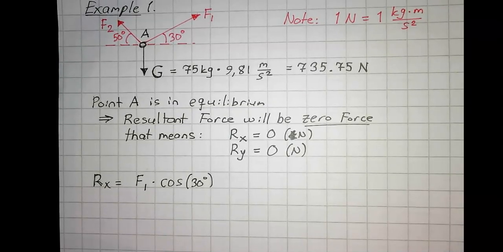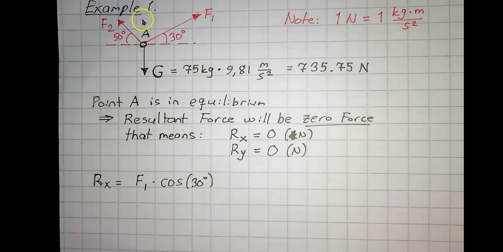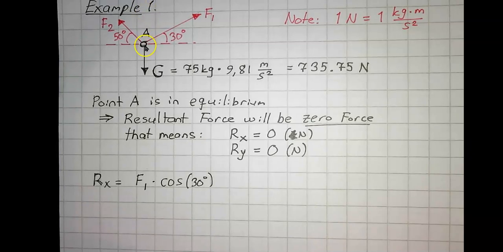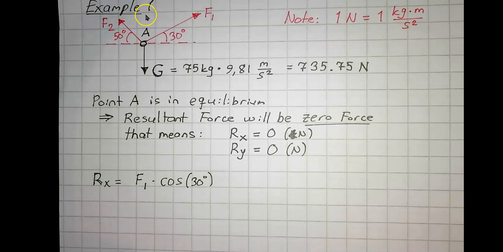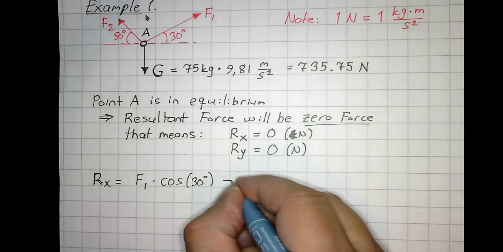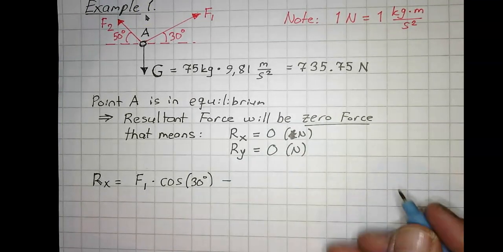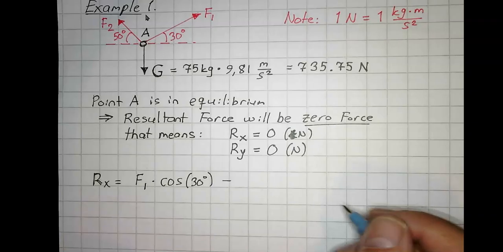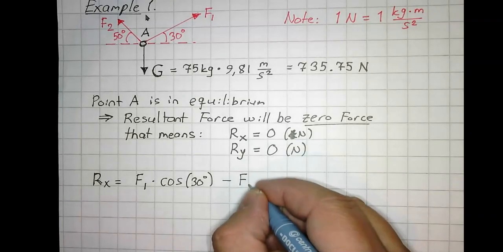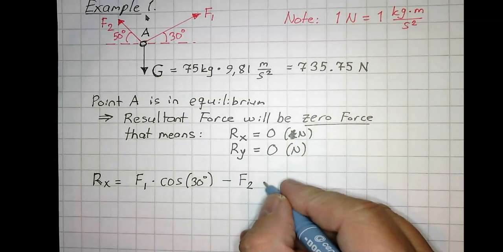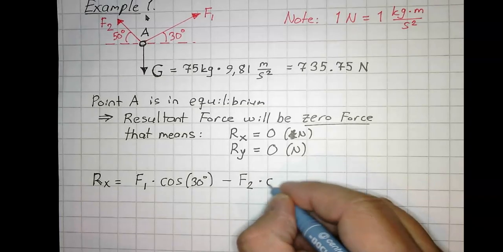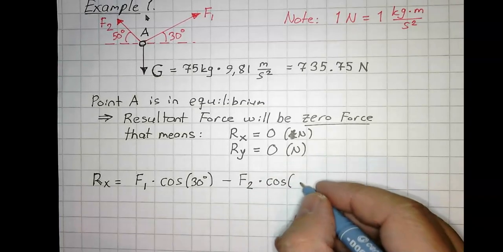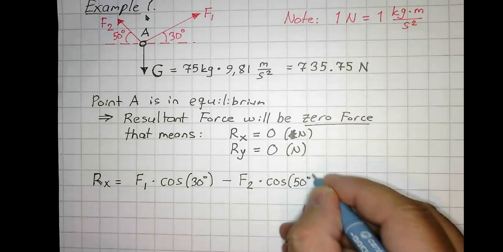And then there is the other force F2 there, and it is oriented to the left side from the vertical plane, and that means it will get the minus sign in this equation. And again we get the x component by multiplying F2 by the cosine of that angle we see in the picture.